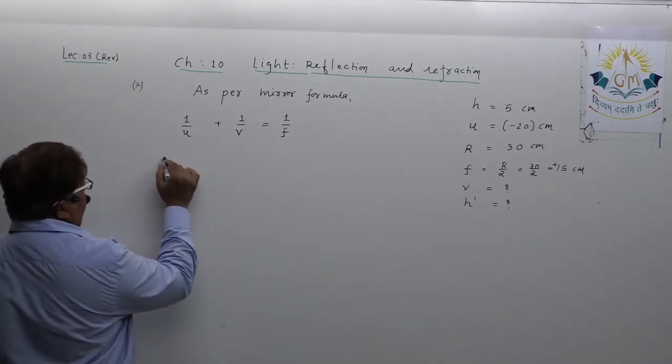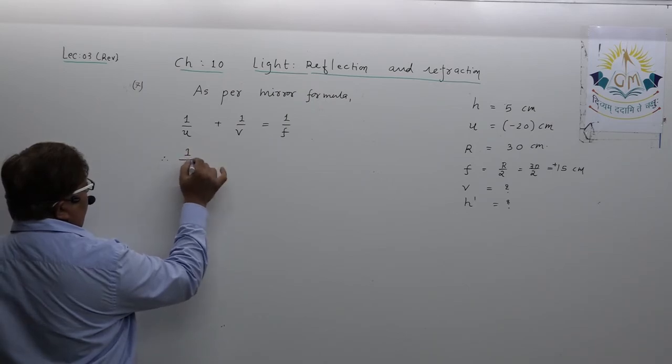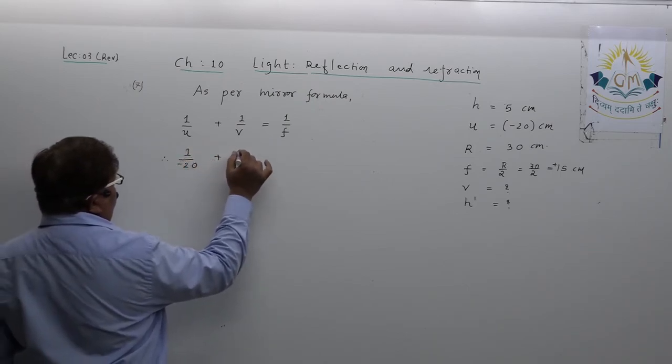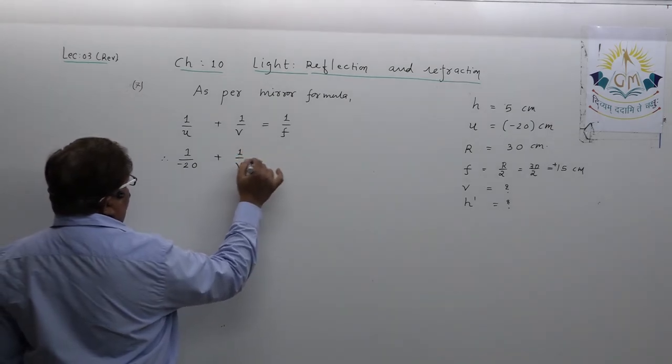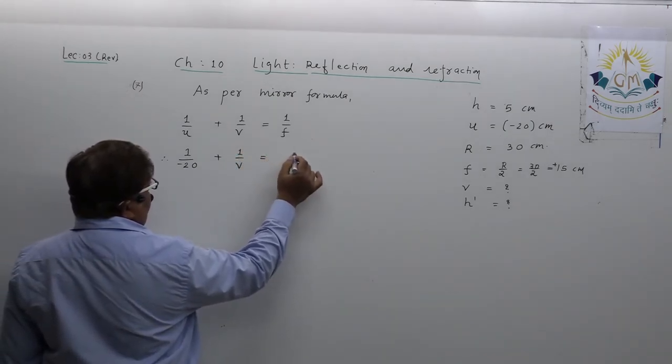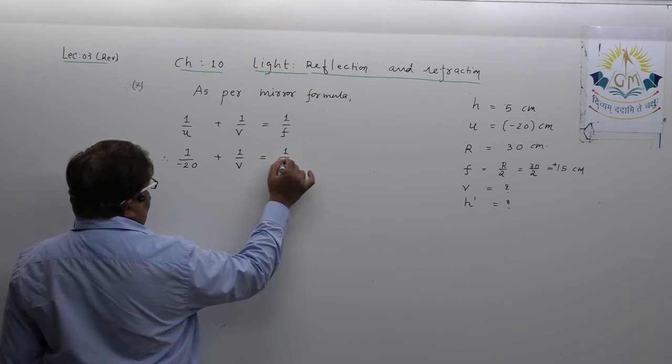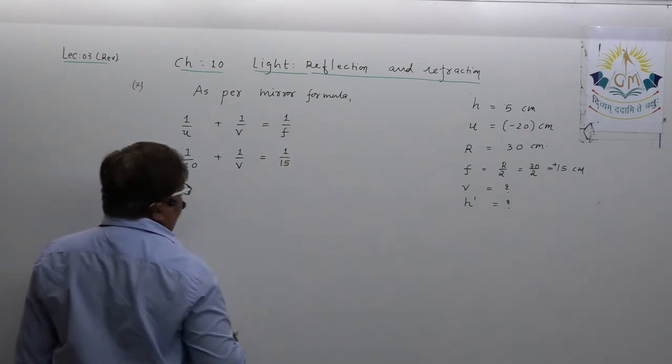Let us write 1 upon minus 20 plus 1 upon V equals 1 upon 15 positive.